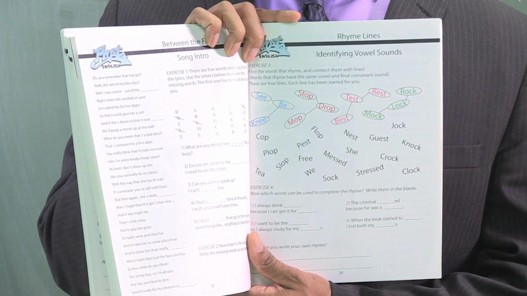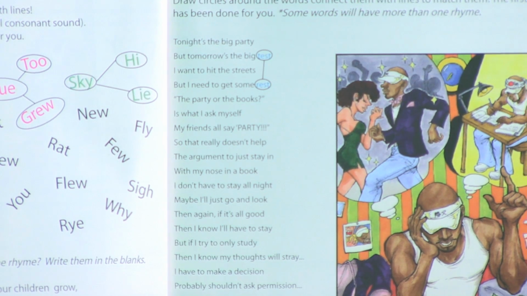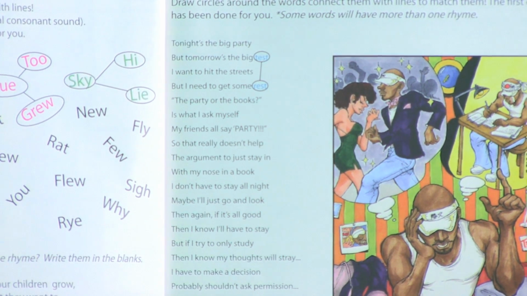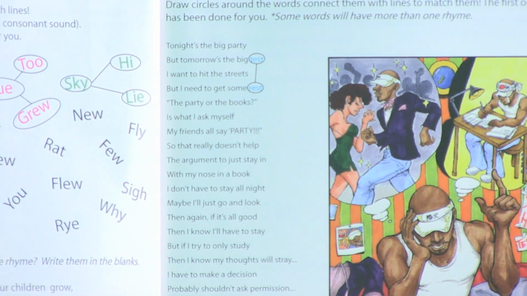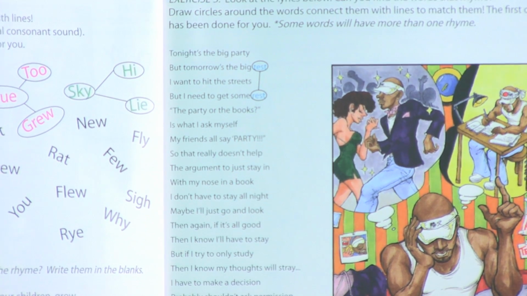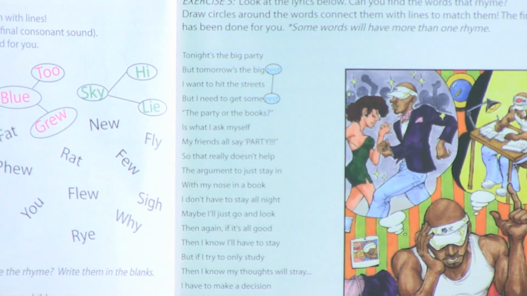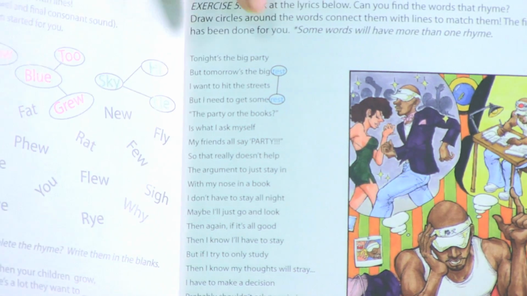If you want more practice with this, there's also another page like that on page 28. Now, after you finish that page, you can go to the next page, page 6, and you can practice finding these rhymes in the song lyrics. Now, in order for something to rhyme, it has to use the same vowel sound and then the same ending or the same consonant, or a very similar consonant sound. For example, let's look at the first rhyme.